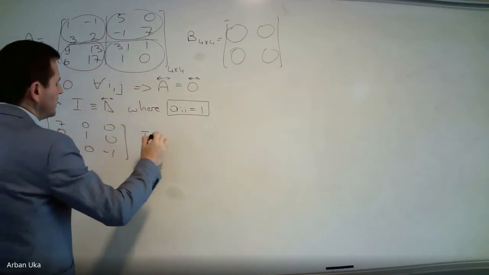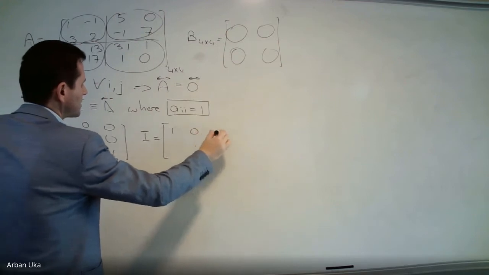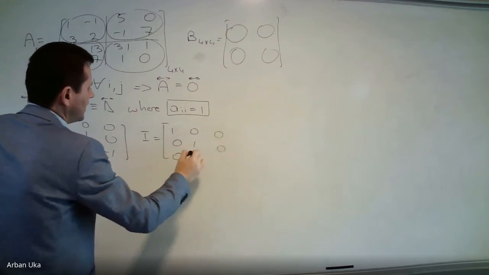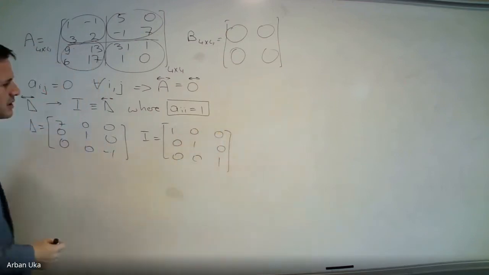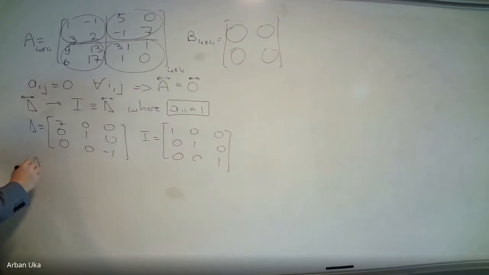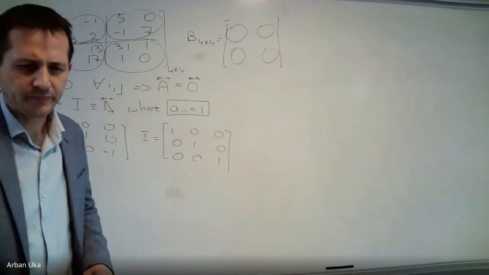But an identity matrix, 3 by 3, is only this. And it's called identity because if we multiply any matrix by the identity, that matrix is not going to change. Which means that if you have a matrix A times I, this will be equal to A. It's like multiplying with unity.